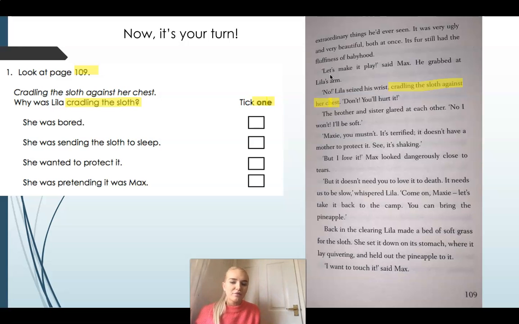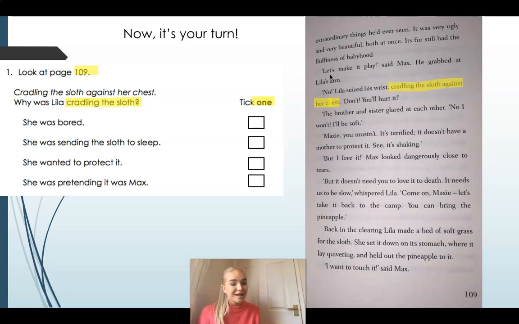And I'm going to start reading through my answers now and deciding what ones I can eliminate, take away, and what ones I might want to keep and have a look at in more detail. So was Lila cradling the sloth because she was bored? Well, nothing tells me here that she's bored. Was she sending the sloth to sleep? Well, she could have been, but let's see if there's any answers that match better. Was she wanting to protect the sloth?